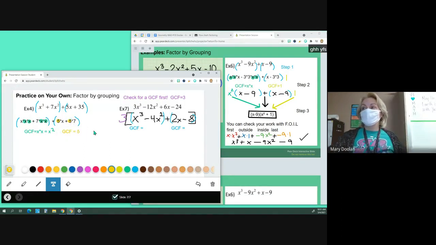I have two separate GCFs. I'm going to factor this binomial. I'm going to factor out x squared. And for this binomial, I'm going to factor out 5. And what's going to be left is the same remaining terms.